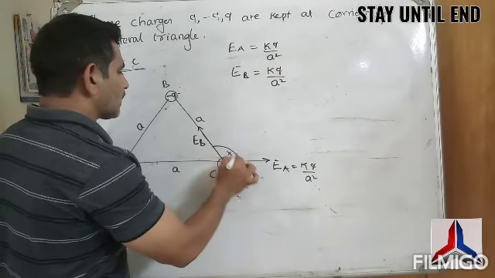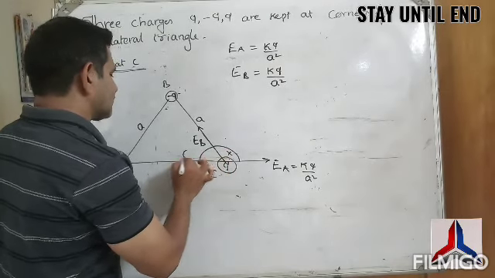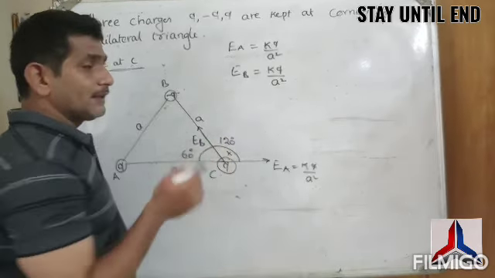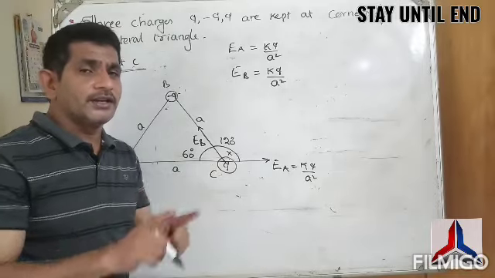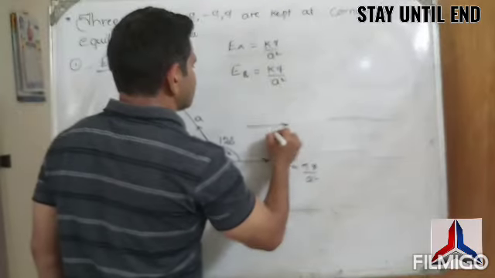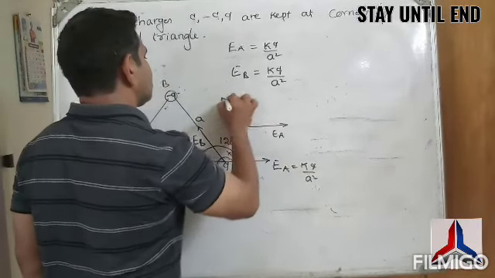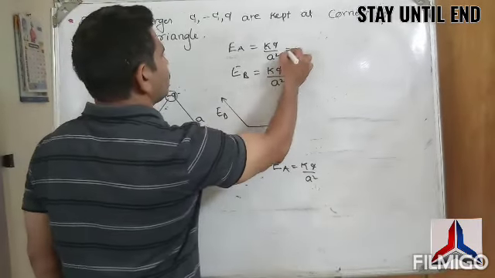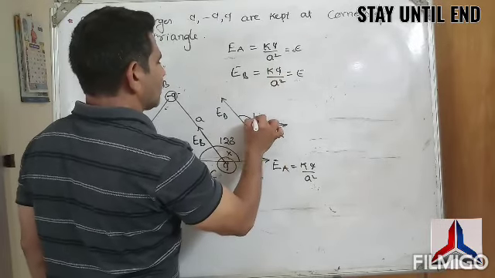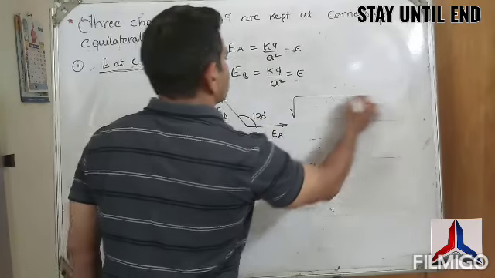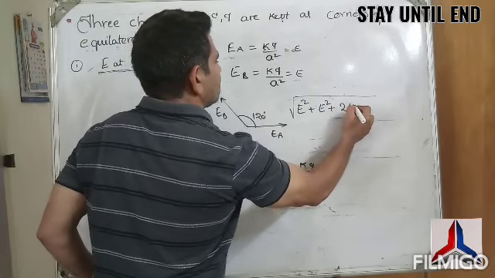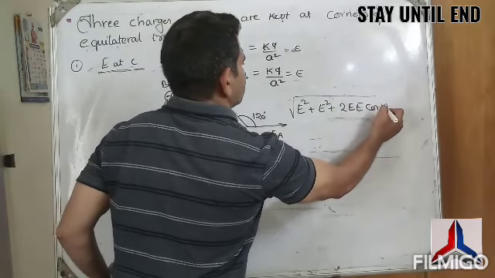So these two are making an angle. This is an equilateral triangle with 60 degrees, so the angle between the vectors is 120. EA and EB are electric field intensities, which are vectors. This is EA, this is EB, and each has the same value, E. When E and E are at an angle of 120 degrees, the resultant is root over E square plus E square plus 2E·E cos 120.